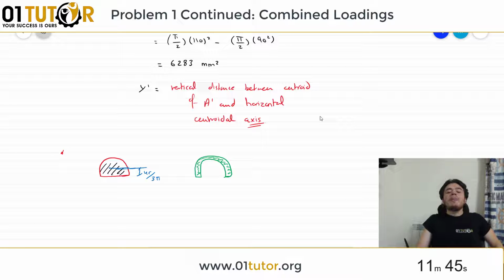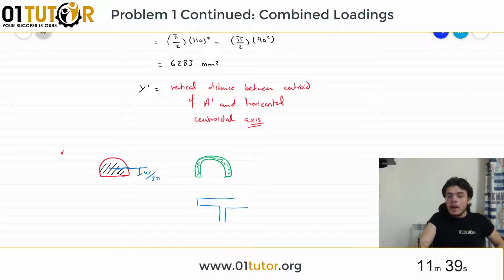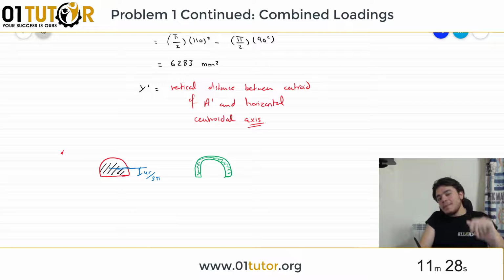This is a composite cross section. This is the same thing as if you're dealing with a T-beam or an I-beam. Okay? This is a composite cross section. And to be able to deal with that, you're going to divide it into something that you know. And what you know is the semicircle.